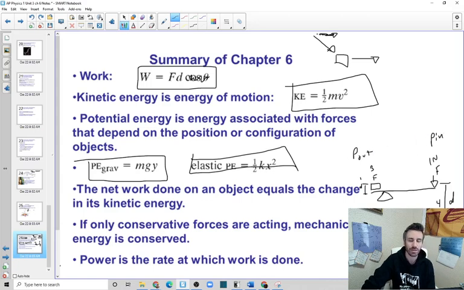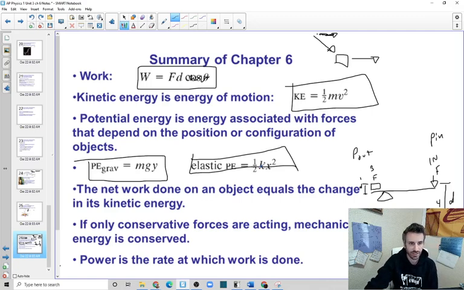Work in is equal to the work out, and power in is equal to the power out. Power is work divided by time. You can either increase the amount of work done in the same amount of time, or decrease the amount of time it takes to do that same work, and all of those things would increase your power output.